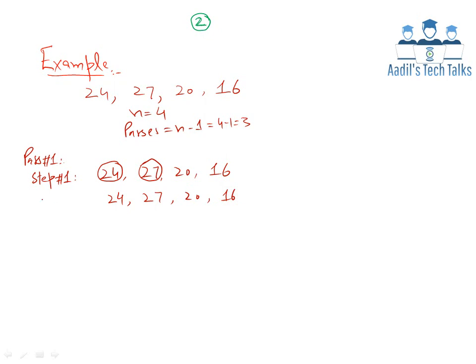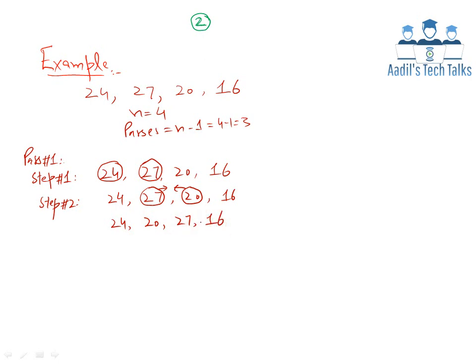Now the result becomes step number 2. As this is step number 2, element number 2 is selected and compared with the next element, which is 20. 27 and 20. 27 is greater than 20, so these are interchanged: 24, 20, 27 and 16.